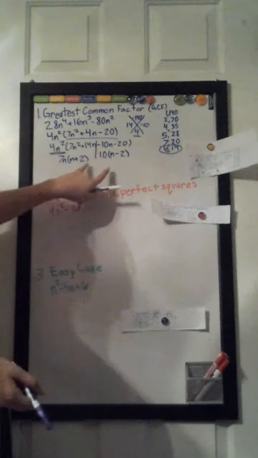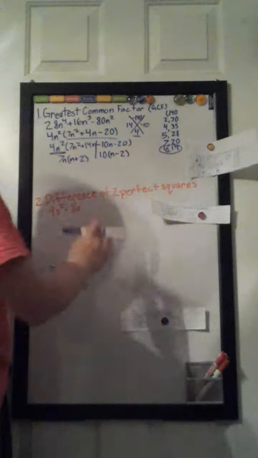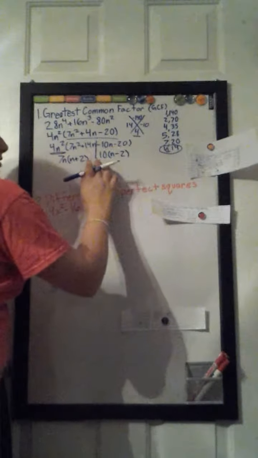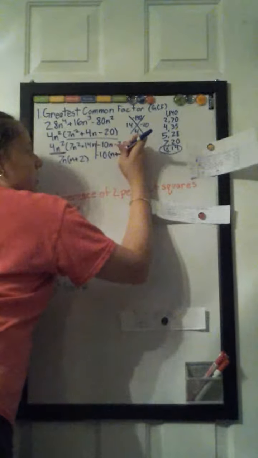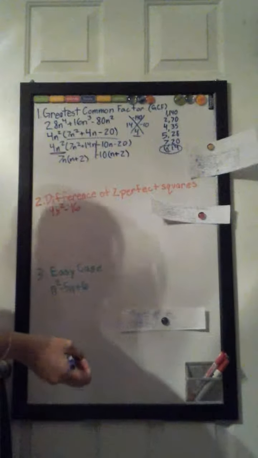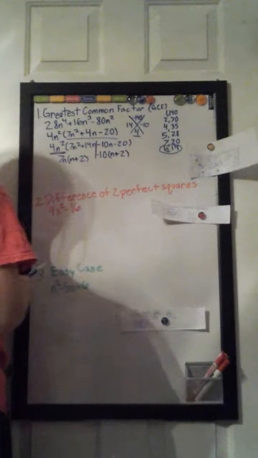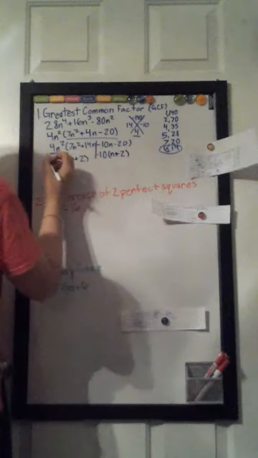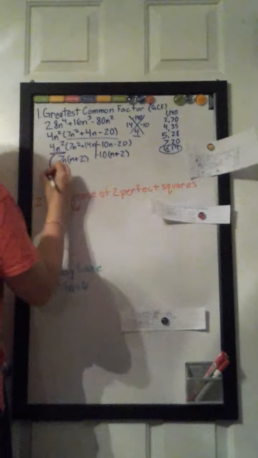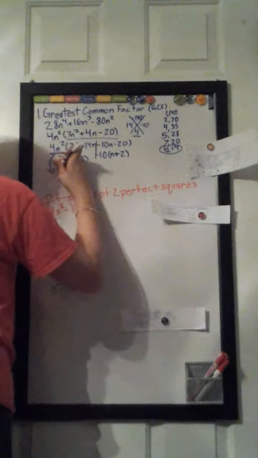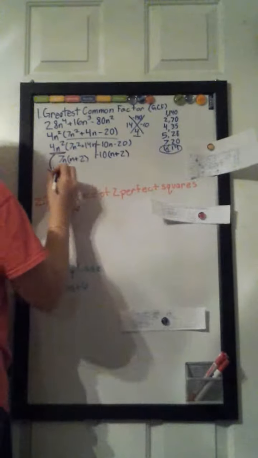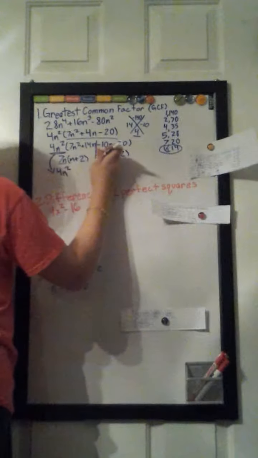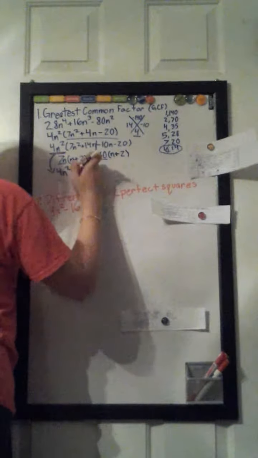Since these don't equal each other, let's change this to a positive, so it goes negative 10. We can do that. Make this a positive, and then they add up. Here, what you would do is bring down this 4n squared, and then combine 7n minus 10 into parentheses.